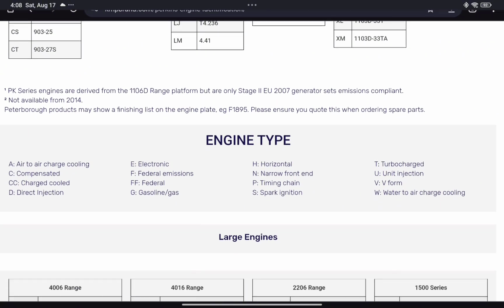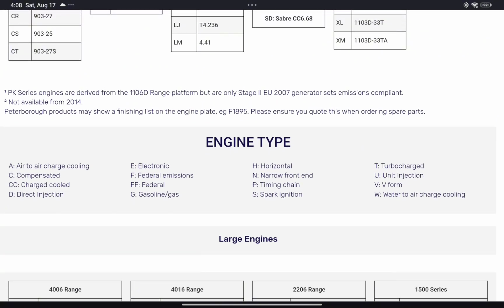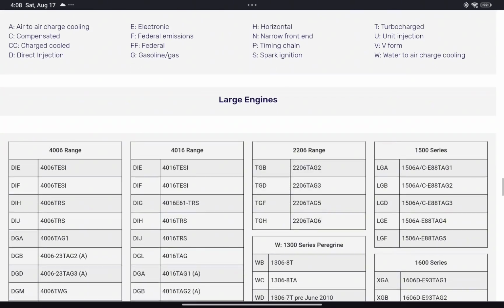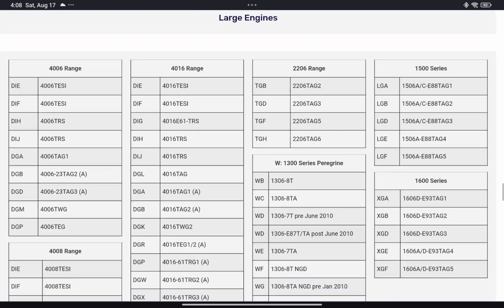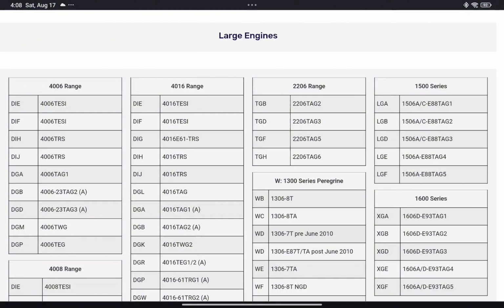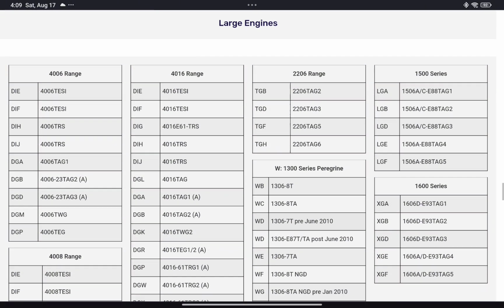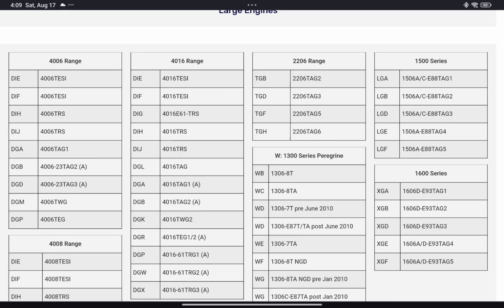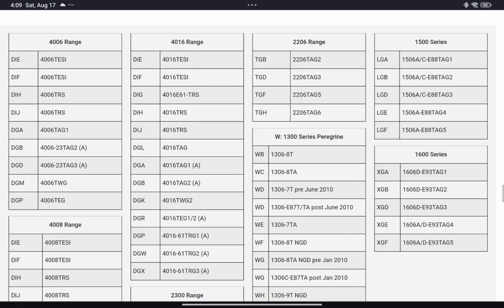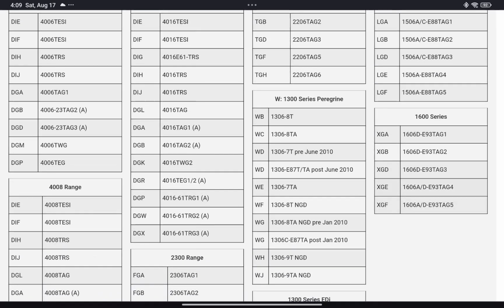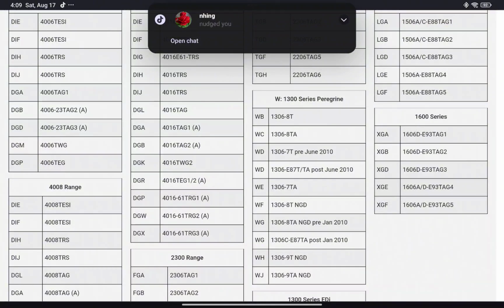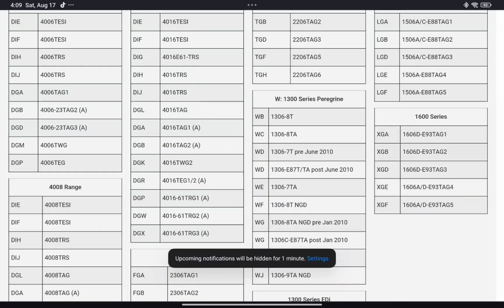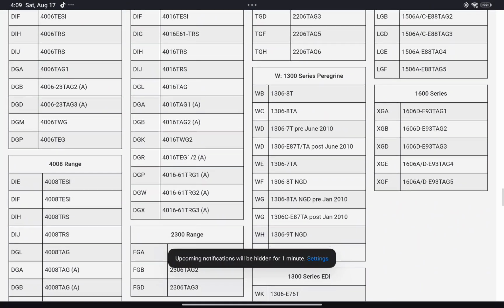which are the large size, where we have the B type, inline, and this is the larger or bigger engine. You can see here we have the ranges from the 4006 series, the 15,000 series, the 16,000 series and the 4008 range series, and we have a lot.